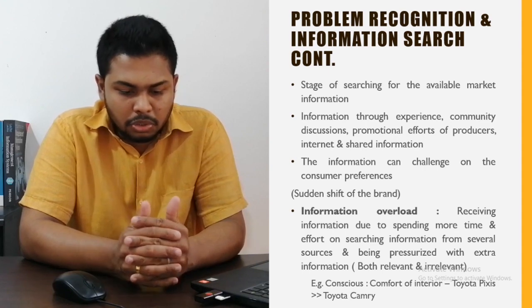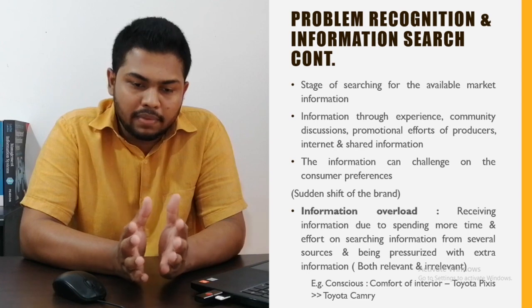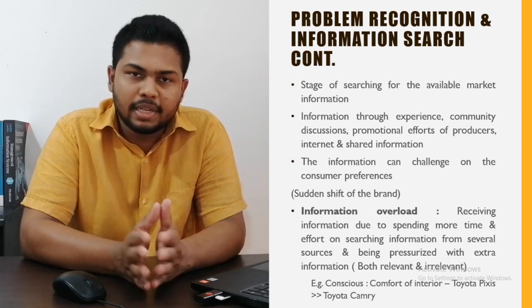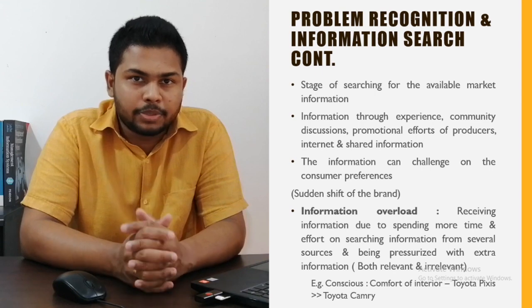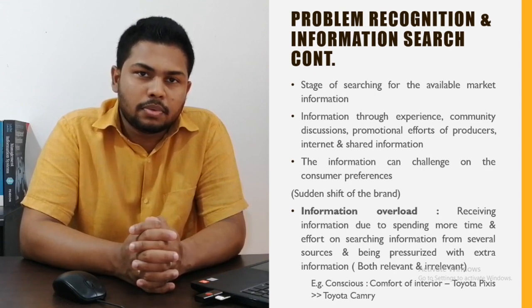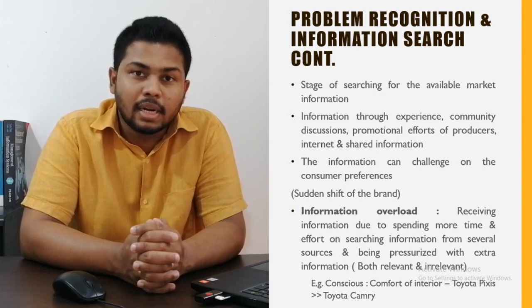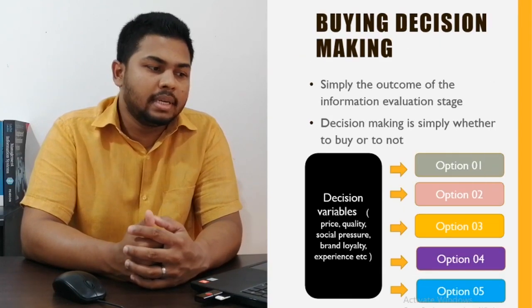Right. So once you have compared and evaluated among the individual information, finally you will select an option, or 2 options maybe, that you are going to purchase or going to have. That is what we call the consumer decision.